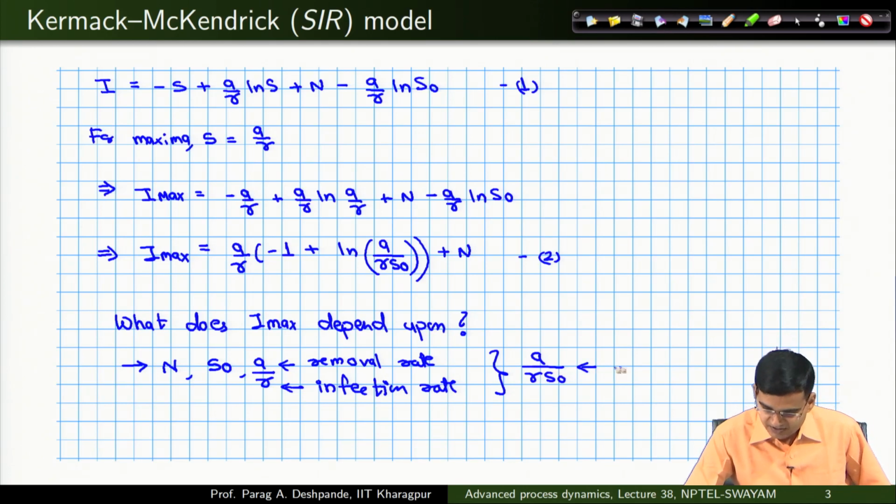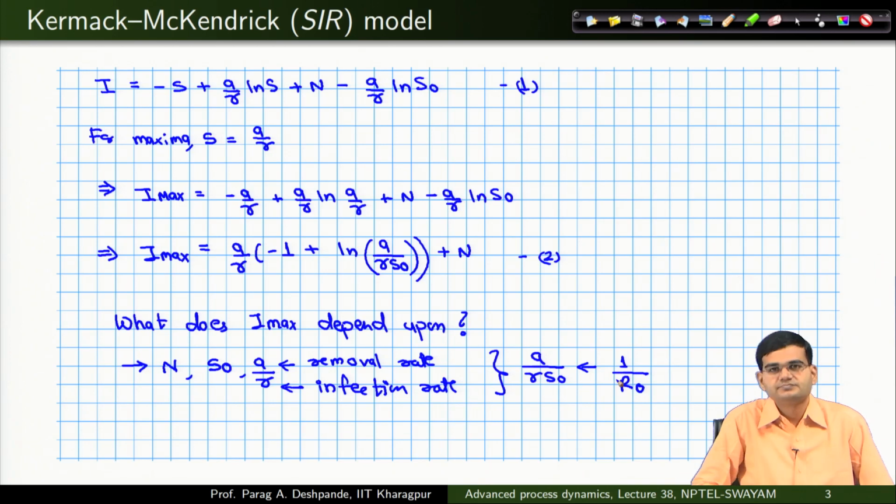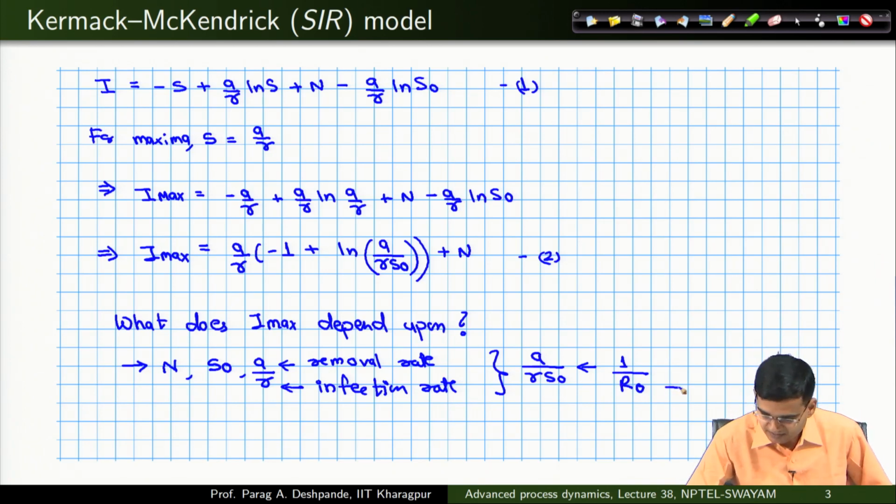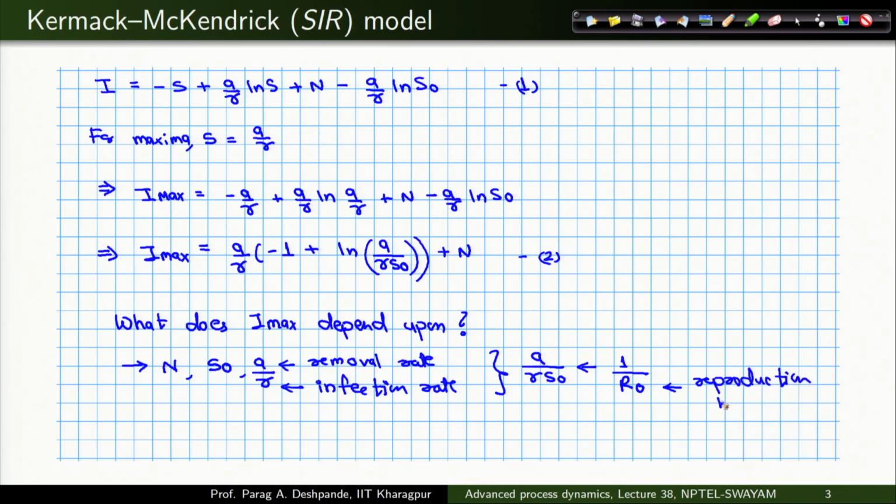Which is 1 over R 0, the reproduction number. So, this is an interesting observation.